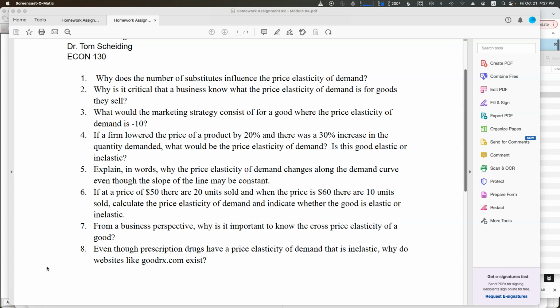What would the marketing strategy consist of for a good where the price elasticity of demand is negative 10? So if it's negative 10, this is pretty elastic. The way to read that negative 10 is that we have a 10% decrease in the quantity demanded for a 1% increase in the price. So that's a 10-to-1 ratio for moving the quantity demanded versus the price. So what would the marketing strategy be?